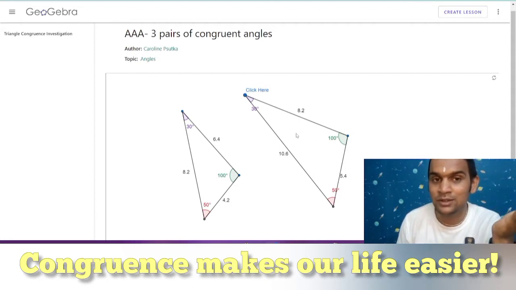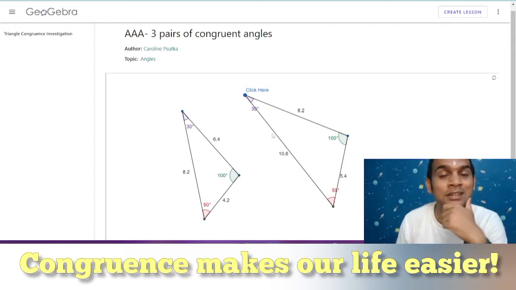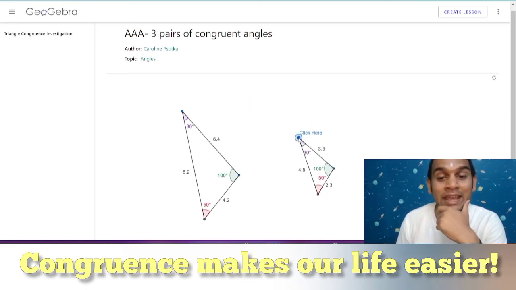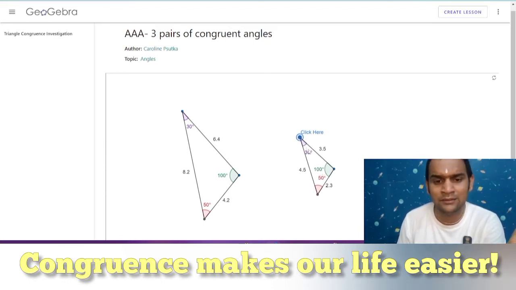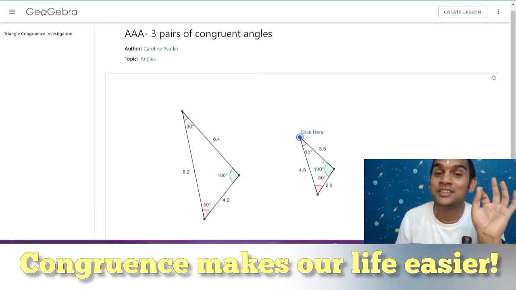Clearly, the triangle on the right hand side is way bigger than the triangle on the left hand side, right? That is very clearly stating for us that they are not congruent. So we cannot use AAA criteria to prove that two triangles are congruent. Even when I made them almost half the size, the angles remained the same, but the sides have different lengths.